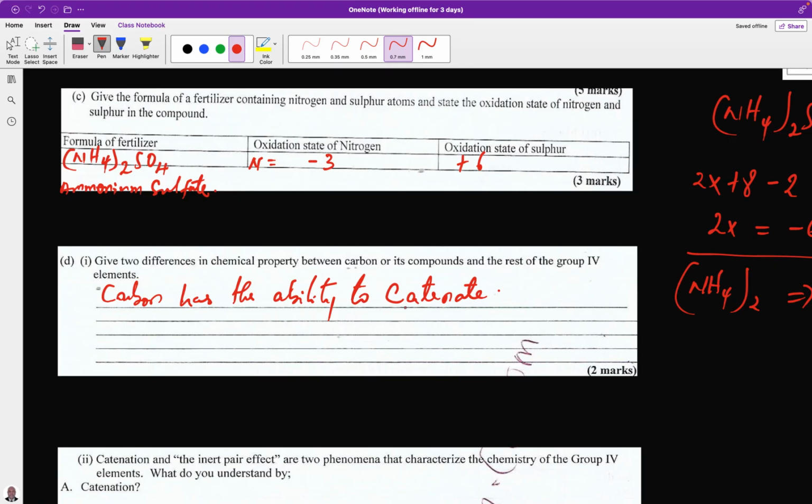That ability to catenate, that is, to form chains or rings with itself. Carbon has the ability to catenate.